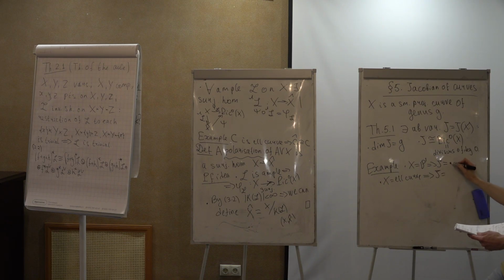J is X dual and it's X. Of course, I don't have time to discuss how it's constructed, so maybe just a couple of facts.